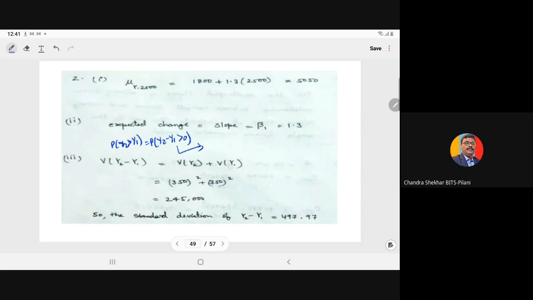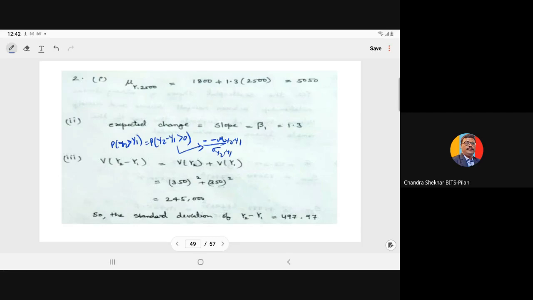On both sides, we have to subtract the mean and divide by the standard deviation of y2 minus y1. So first we have to compute the standard deviation and the mean of y2 minus y1.